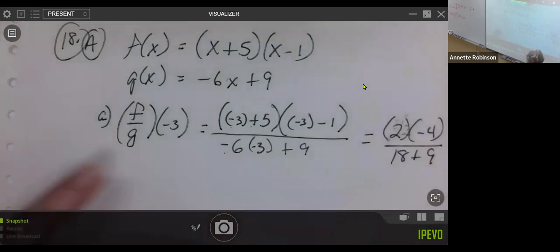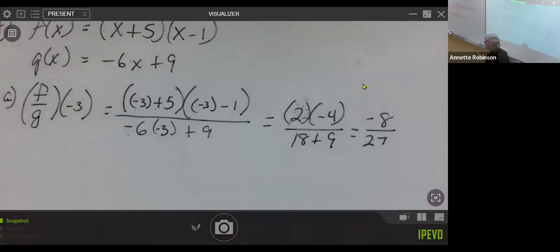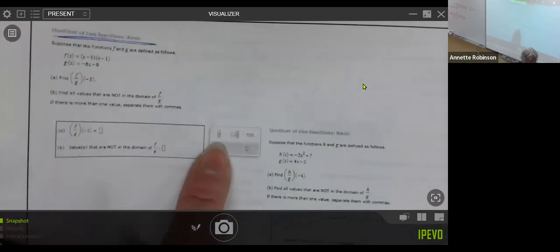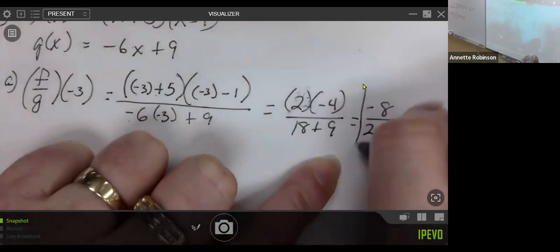And do y'all know of any reason that I can reduce negative 8 over 27? So for part A, my answer would be, notice I can put in fractions because they give me the ability to, negative 8 over 27.